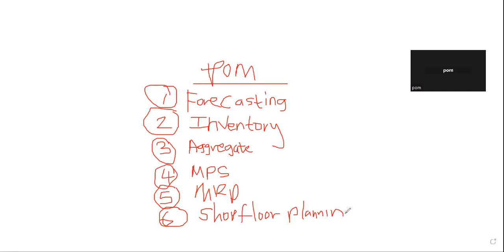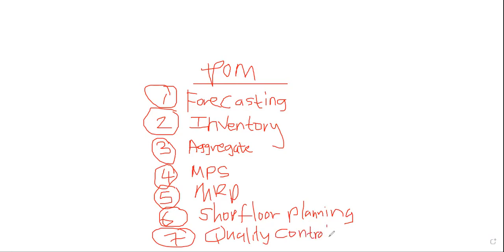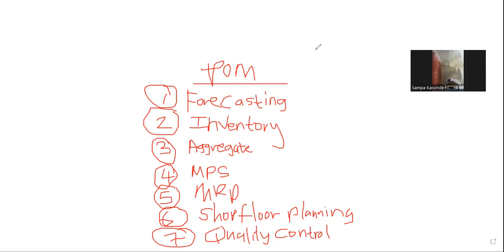So these are the 6 topics that we look at. Of course, there is another one last, which is quality control. These are the topics that are covered in POM.